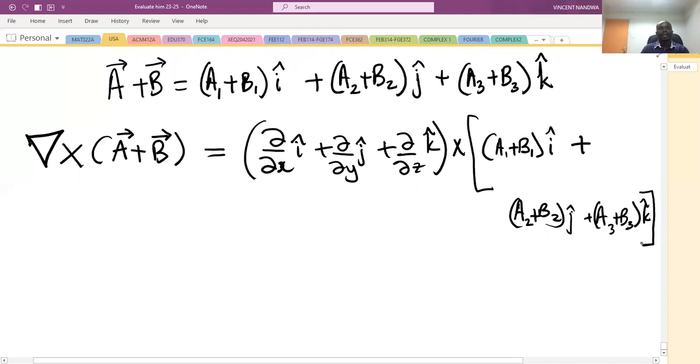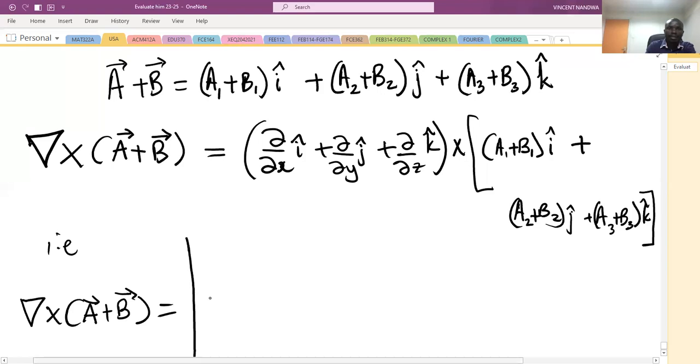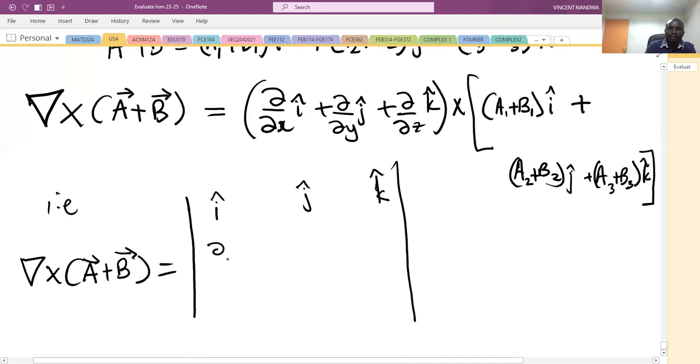That's just by definition. And you know, curl is usually given in terms of a determinant. So because of this cross product, i.e. curl of the sum of A and B will be the determinant i, j, k, and then partial x, partial y, partial z.